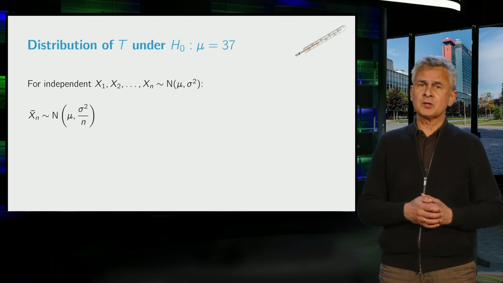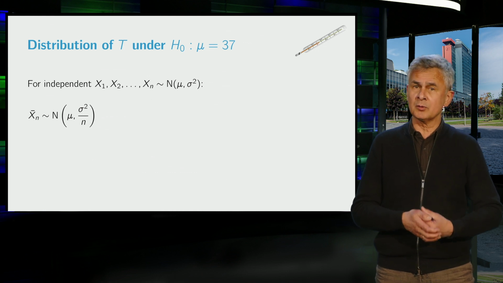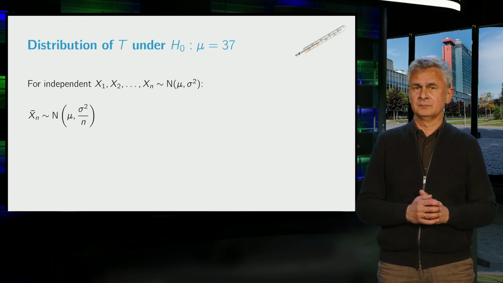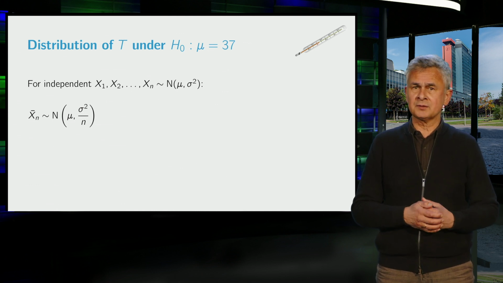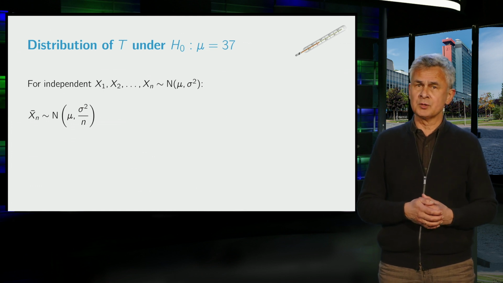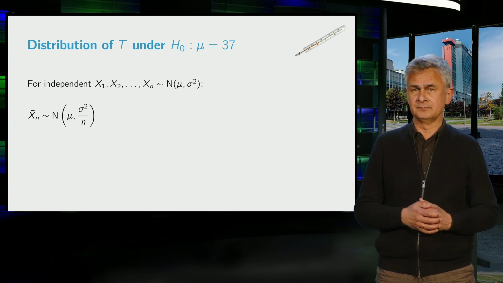Well, in our example, the observations are realizations of independent random variables with a normal distribution with parameters mu and sigma squared. You have learned from probability theory that in that case, the sample mean also has a normal distribution, but then with parameters mu and sigma squared over n.